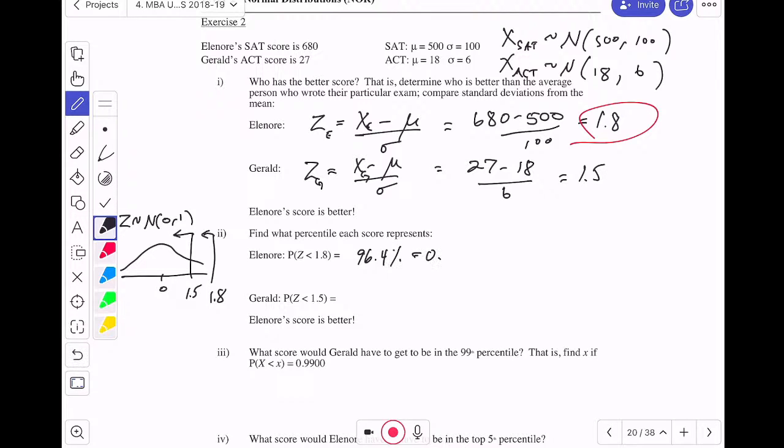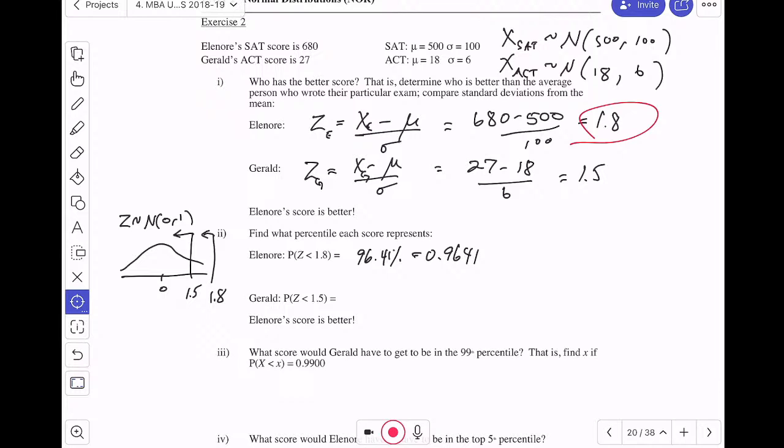You can write it like that, you can write it like this. And of course, this is going to be bigger because her score is higher, right? So she will have done better than more people, a greater percentage.